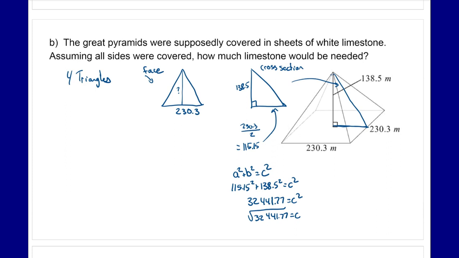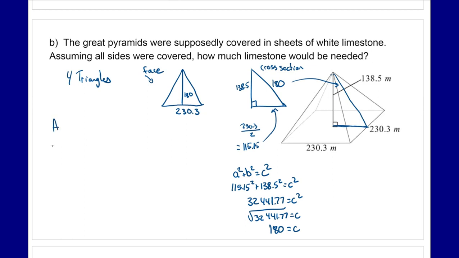And I get approximately 180 for that slant height. So that slant height actually now corresponds to the height of each face. So now that I know the height of each face, I can figure out the area of each triangular face.